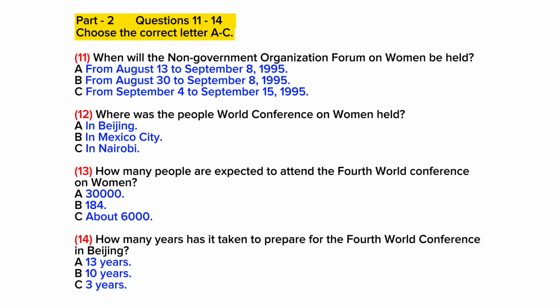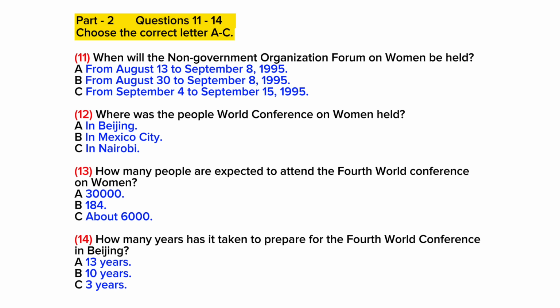This will provide women around the world with an opportunity to discuss and develop ideas, perspectives, plans and strategies, and share information to celebrate women's achievement and contributions in society, and to draw attention to and develop solutions to the discrimination facing women worldwide. Who can participate in the NGO Forum 95?